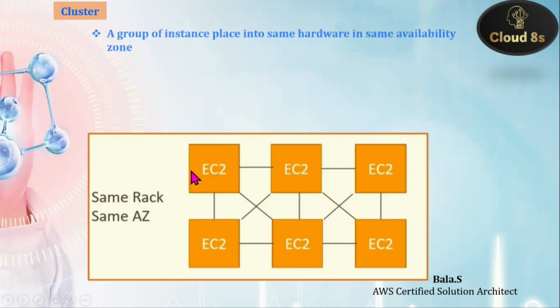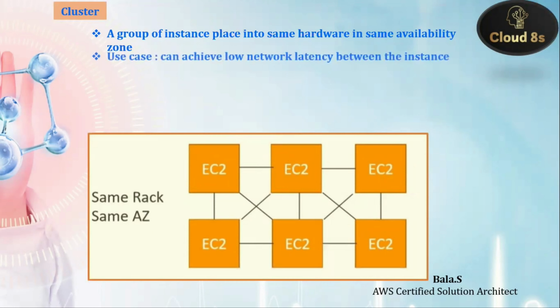So whenever we deploy instances that need to be accessed with low latency, we can go with a cluster so that the EC2 instances get low-latency access to each other. Those racks will be placed on single hardware. If you require low latency between EC2 instances, it will be helpful for the workloads.